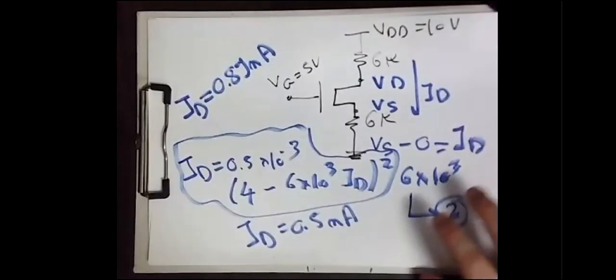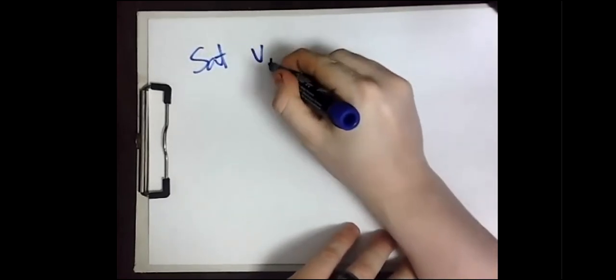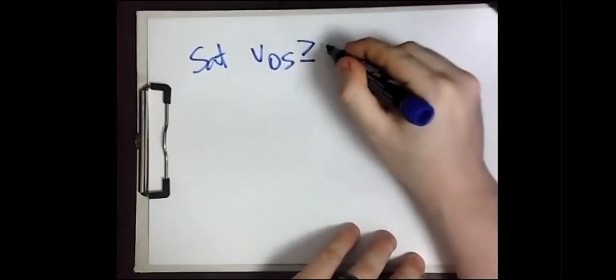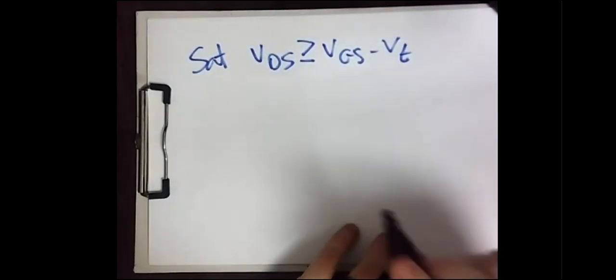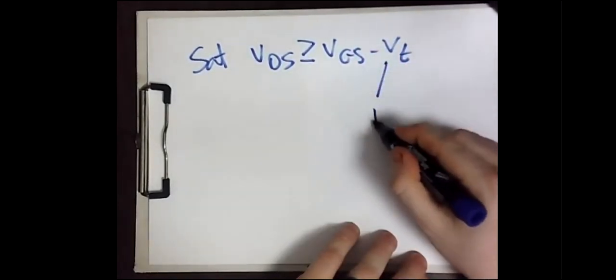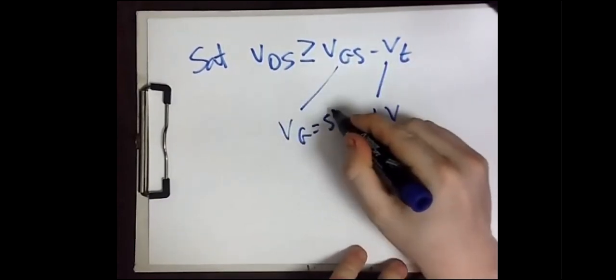Whenever you have a saturation MOSFET, that means that VDS should be greater than or equal to VGS minus V threshold. Please don't forget that. You only know V threshold, which is 1 volt, and V gate, which is 5 volt.